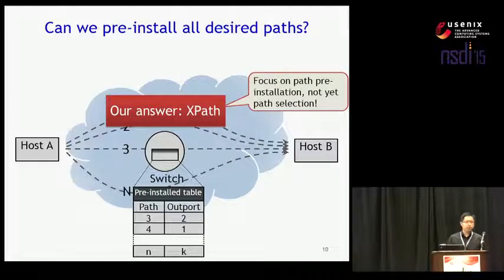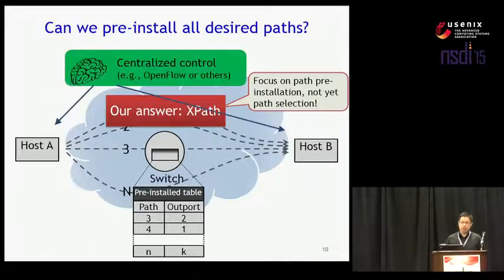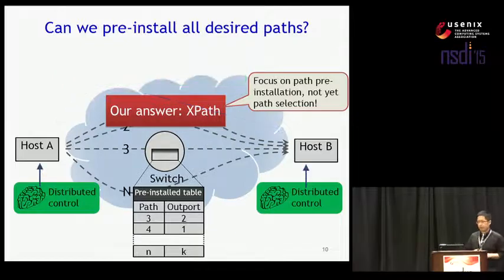How to use these pre-installed paths is our ongoing work, which is beyond the scope of this talk. On top of XPath, we can use a central controller, through OpenFlow protocols or other custom-designed protocols, to select the paths. This is centralized control. Alternatively, each end host can distributedly choose whichever path they want to use for their applications.